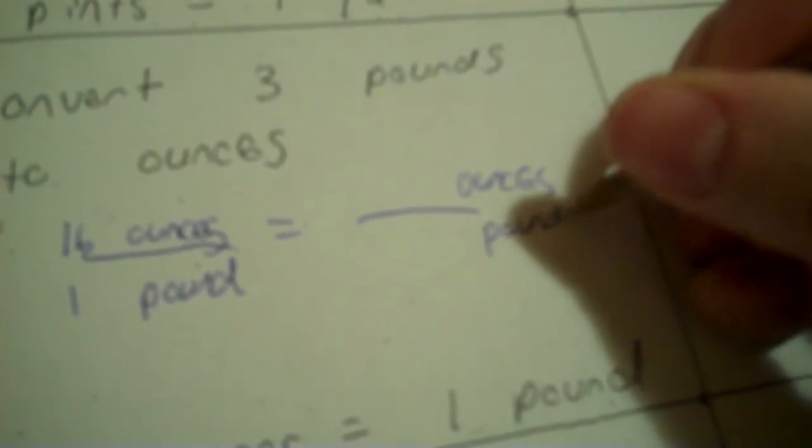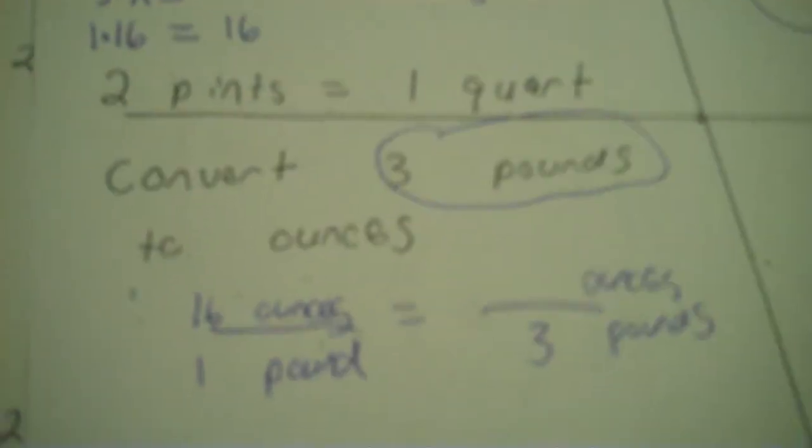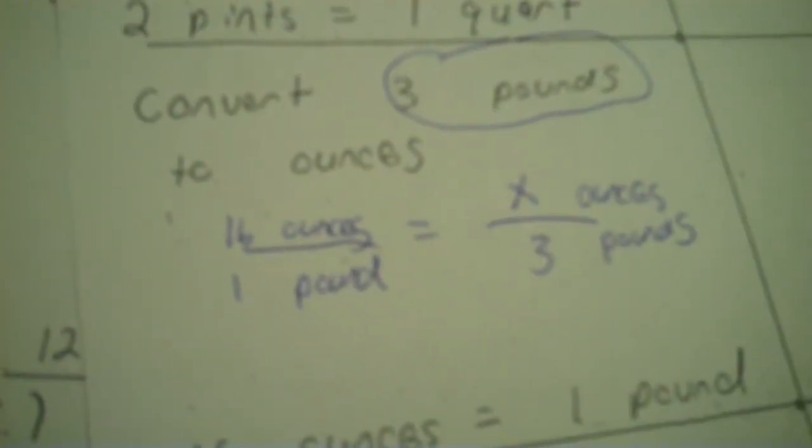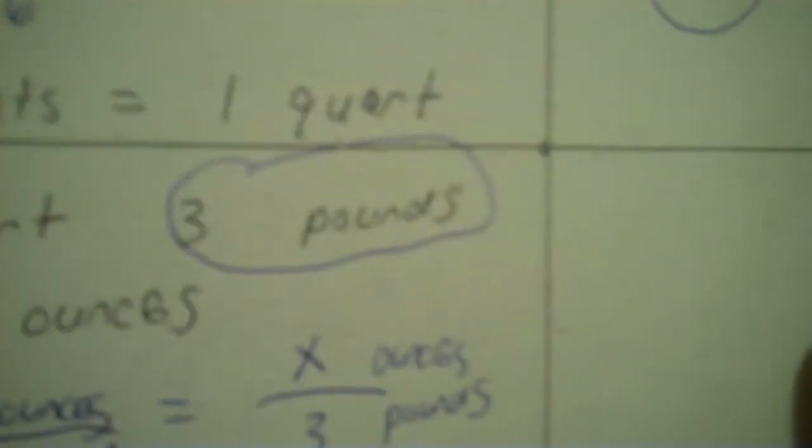Convert 3 pounds to ounces. 16 ounces equals 1 pound. So we're just going to look at this and just copy that. 16 ounces, 1 pound. And then the same words in the same order. Same words, same place. Now we have 3 pounds. We're trying to figure out how many ounces we have out of the 3 pounds. Okay, so 1 times x.